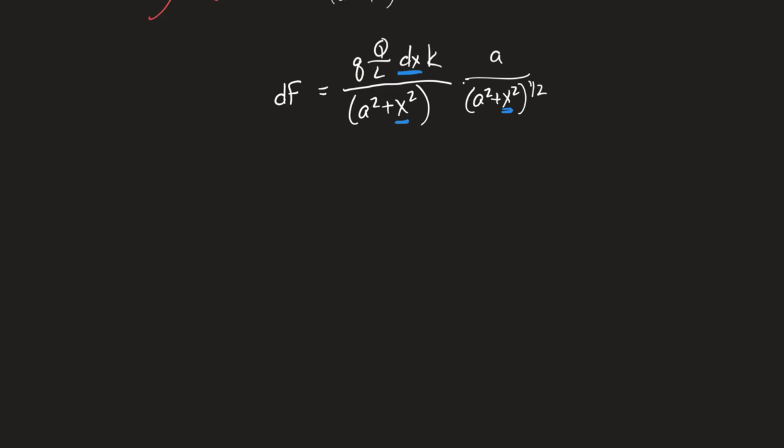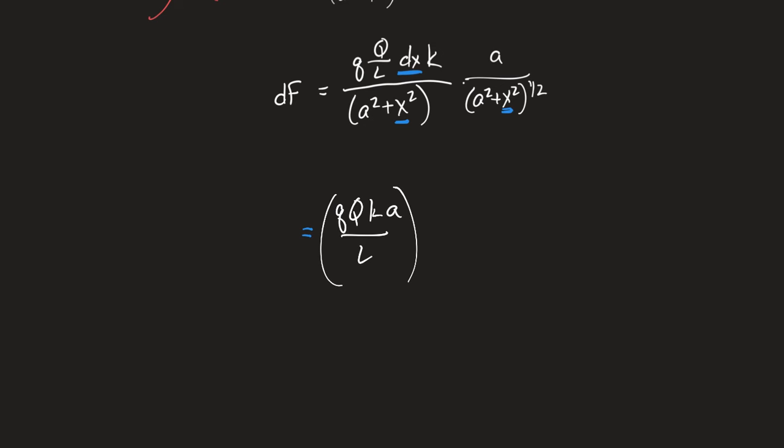And that's the same thing here. I want to recognize that q times k over L, these things will be a part of every single piece of force. In fact, I could probably take out the A too.